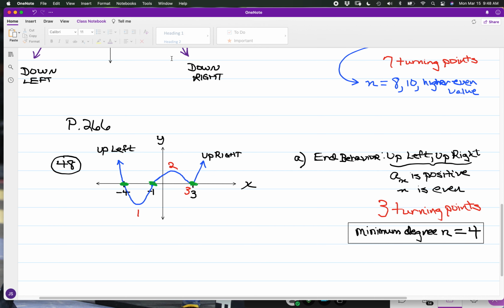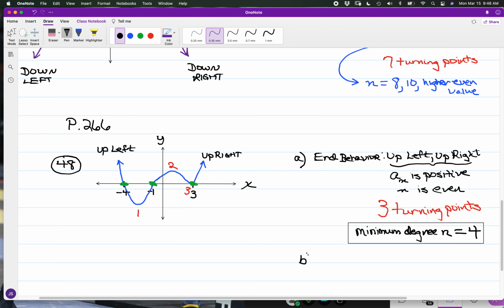And just to restate, in the case of part B, once again, a of n is positive on the basis of what we have with the end behaviors.